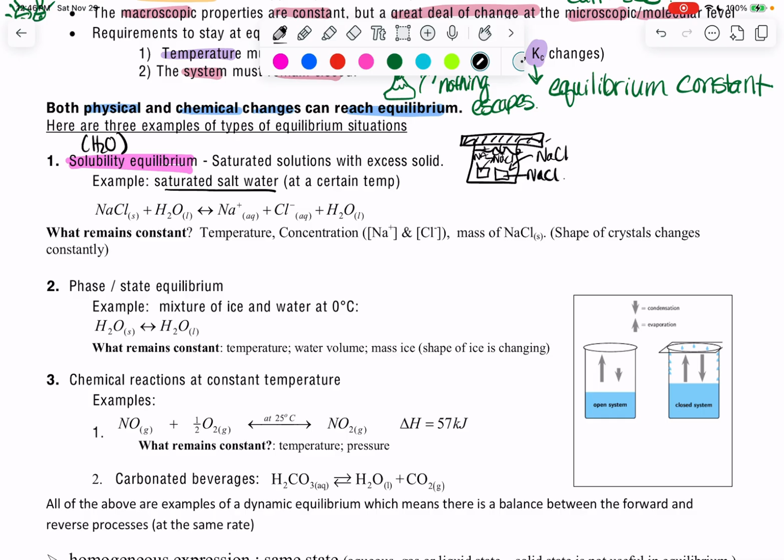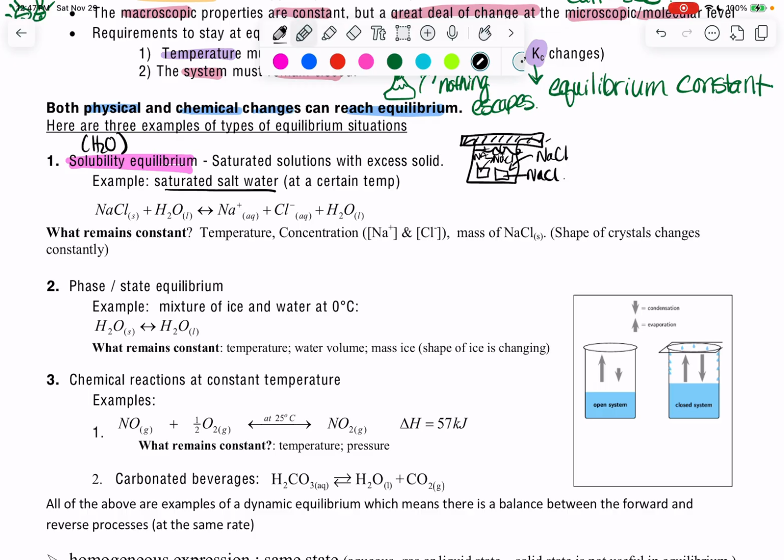So when it is saturated, the number of sodium and chloride molecules that are produced are the same as the amount of salt that is reformed. That's what dynamic equilibrium means.